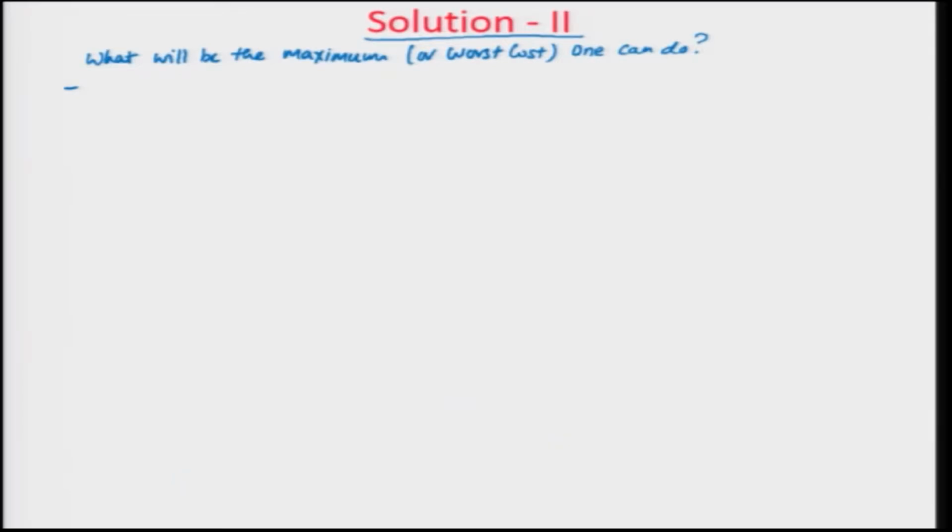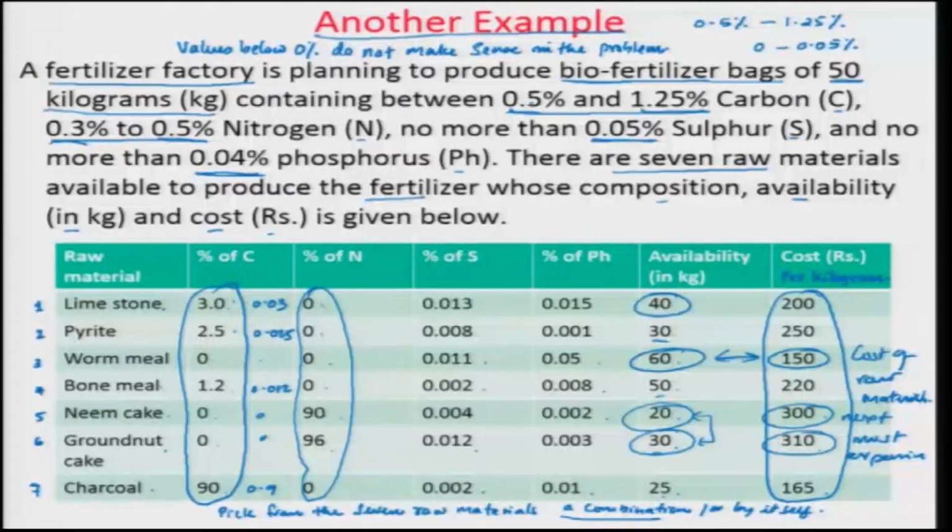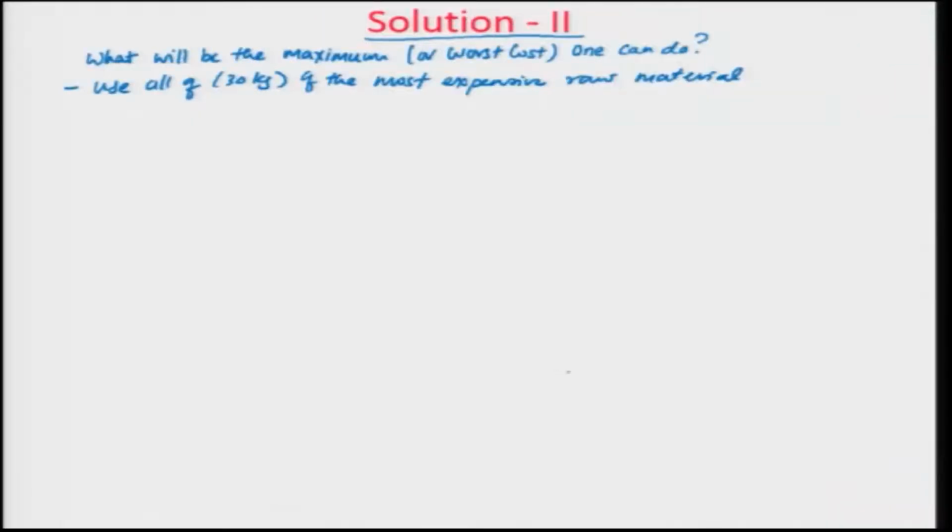So, we can say use all of the 30 kilograms of the most expensive raw material. What is the most expensive raw material we have? The most expensive raw material is groundnut cake, followed by neem cake. Groundnut cake costs rupees 310 per kilogram.